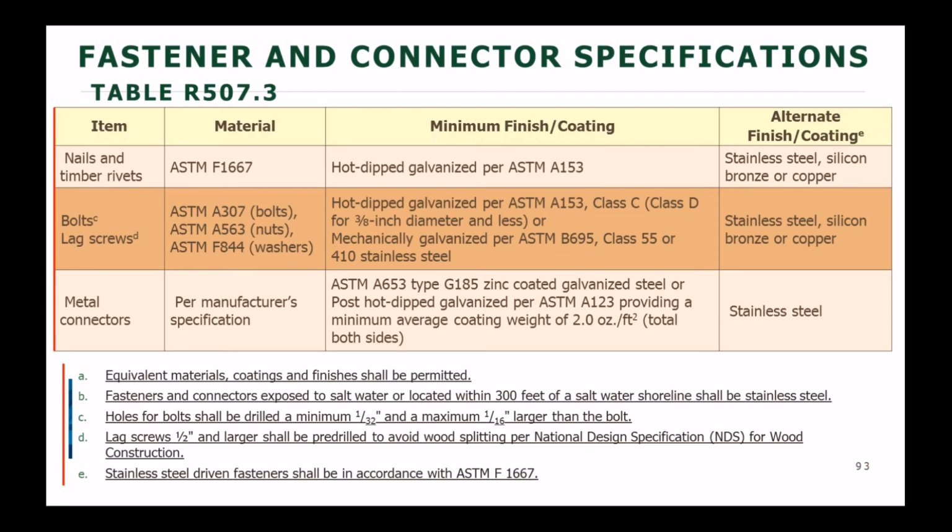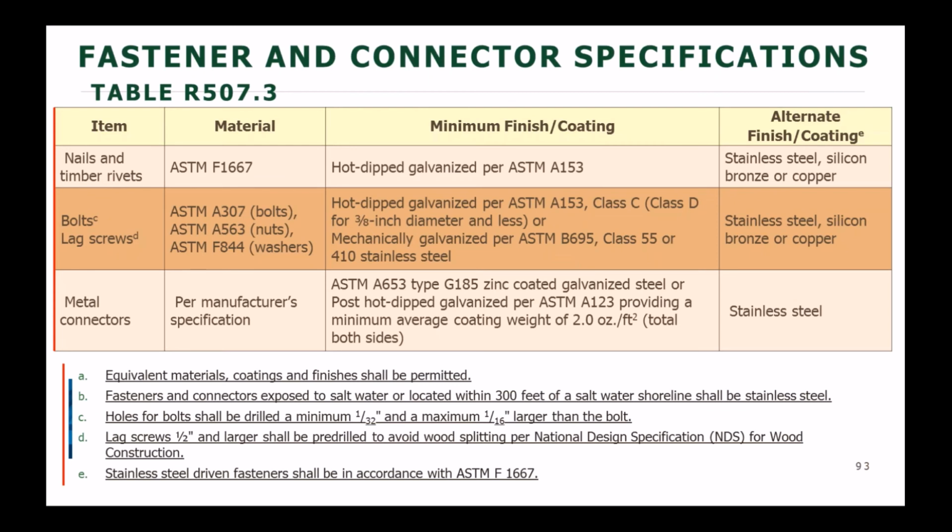They're going to need to be hot dipped, or with the bigger diameter fasteners here, you do have an allowance to be mechanically galvanized, which gives you a thinner layer of zinc. They can be stainless steel, they can be silicon bronze, or they can be copper.